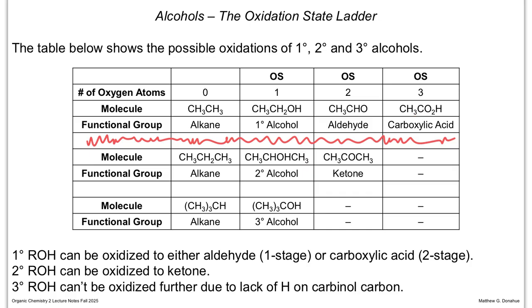The other thing to keep in mind is how the hybridization changes. The primary alcohol is sp3 hybridized. Aldehydes and acids are sp2 hybridized.